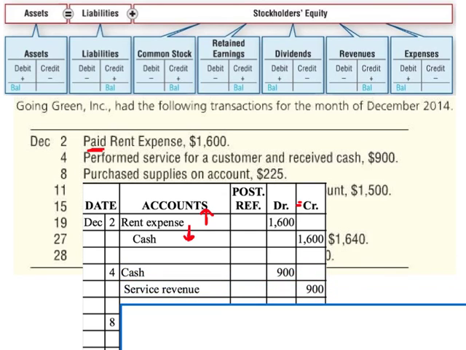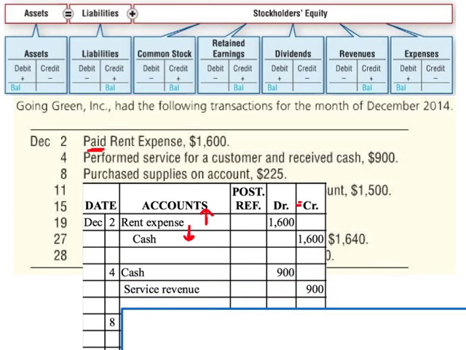And my credit is going to be to service revenue for $900. And then let's again write what effect that's having. A debit to cash, which is an asset, will increase my cash account. And a credit to revenue, which will increase my equity, so my cash and my revenue will both be going up for $900.